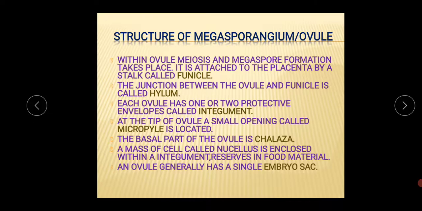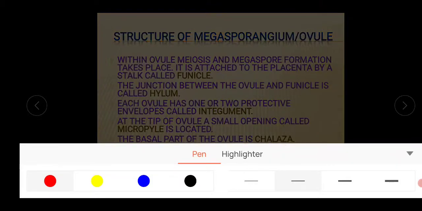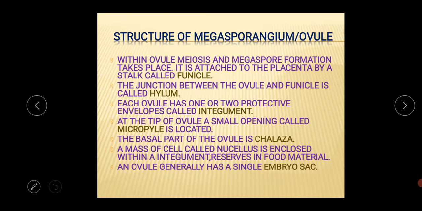Next thing is the structure of the megasporangium or ovule. I am repeating again, this is very important for your exam. Like the microsporangium, the structure of the megasporangium or ovule is very important for your exam.